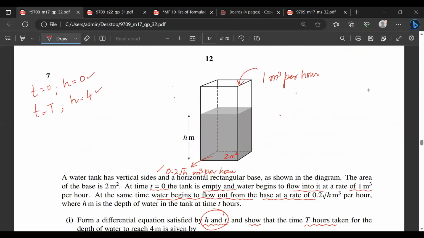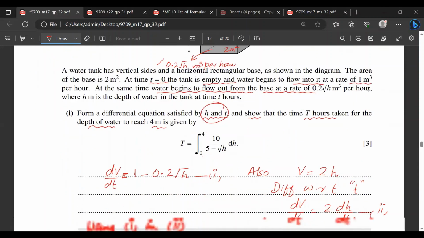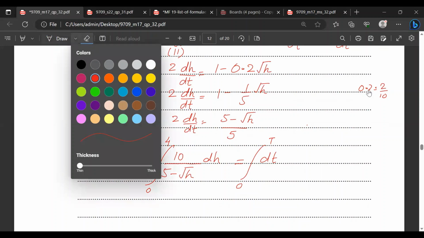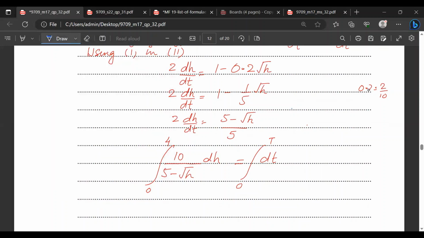When time equals 0, h equals 0. When time is equal to capital T, h is equal to 4. So you can write the corresponding numbers here.